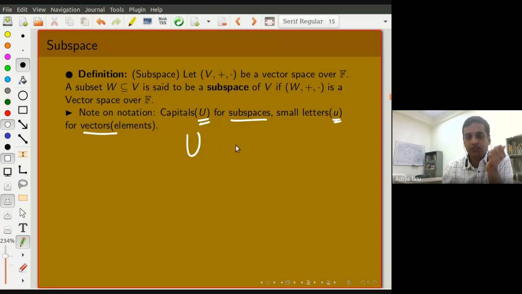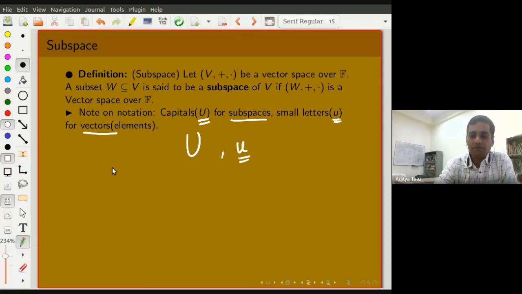All subspaces, at least in my course, I will always denote by a capital letter, and vectors or elements of the set with small letters as far as possible.